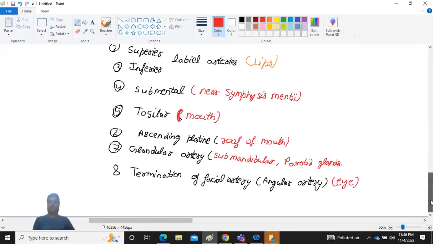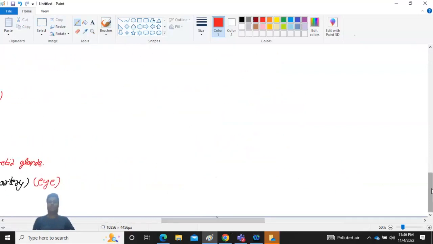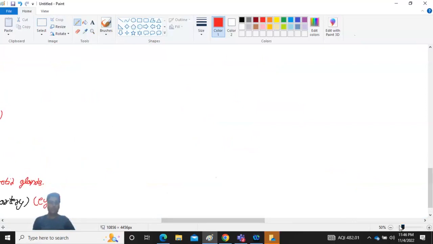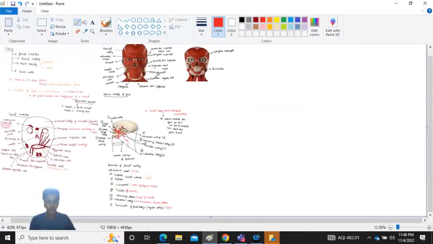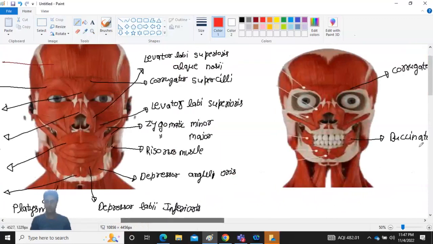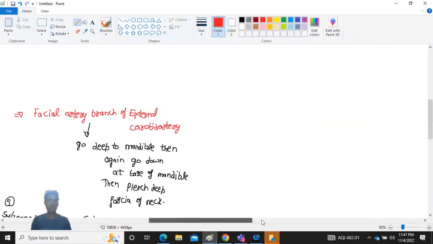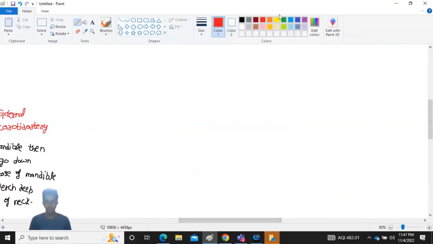Then now we go to the venous supply. So this is the portion we have covered: arterial supply, muscles. Now we go to the venous blood supply. So here we start venous.